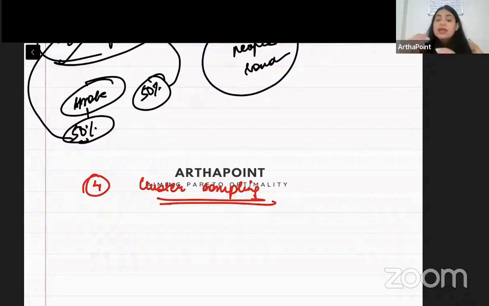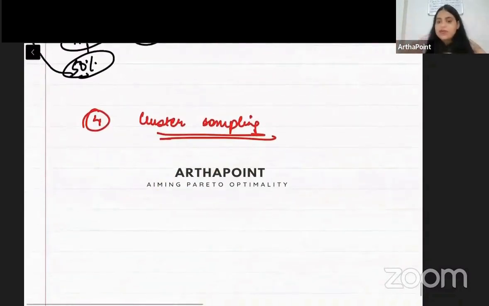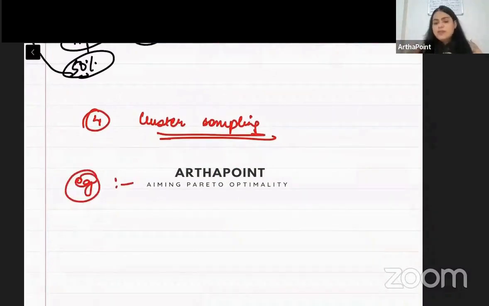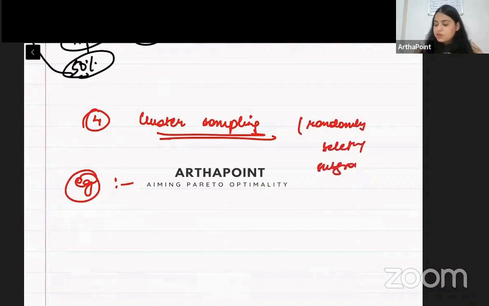That means instead of sampling individuals from each subgroup, you are randomly selecting the entire subgroup only. Let me give you an example. Write this down once: you are randomly selecting the subgroup itself.